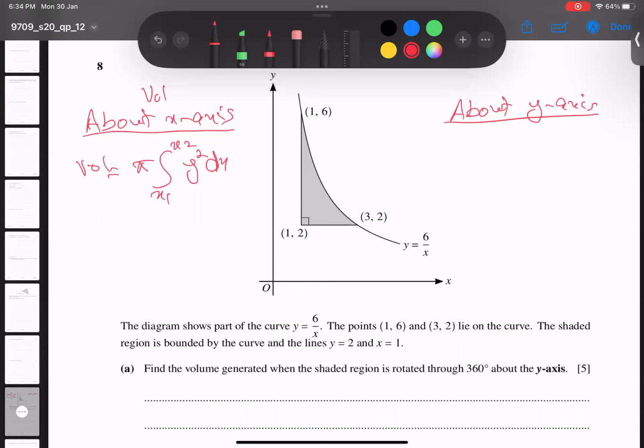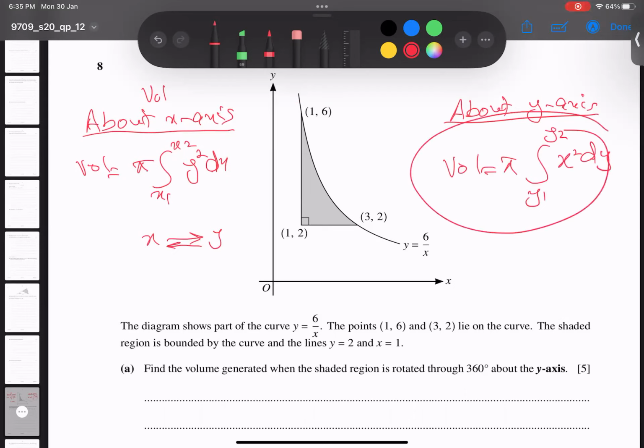When you talk about the y-axis, all variables reverse. x becomes y and y becomes x. So then it turns out to be pi, integral from y1 to y2 of x squared dy. This is the formula I'm going to use, but one concept is still important.